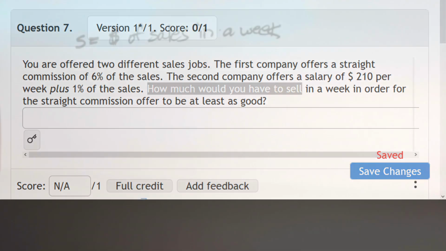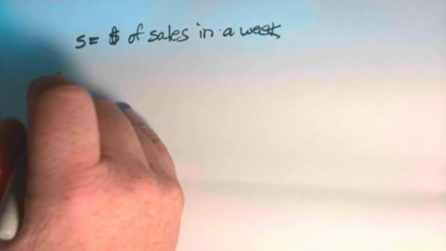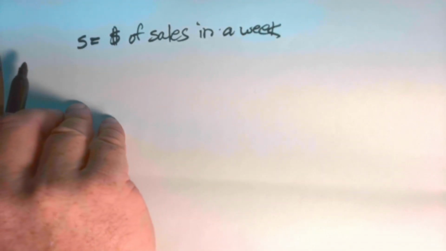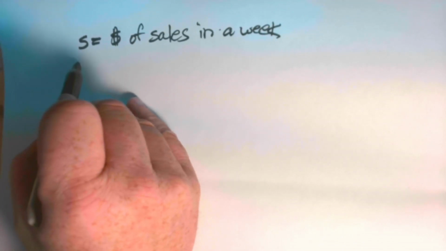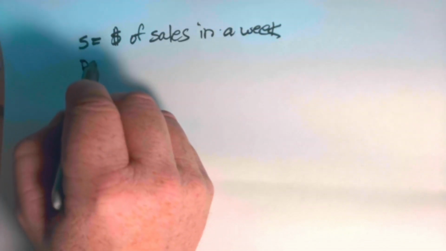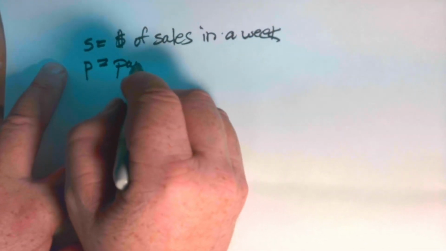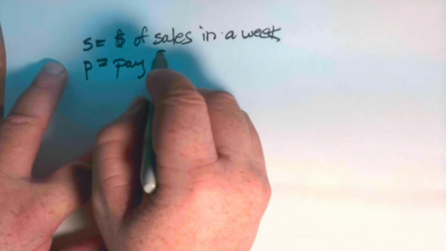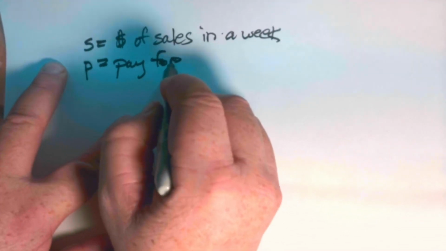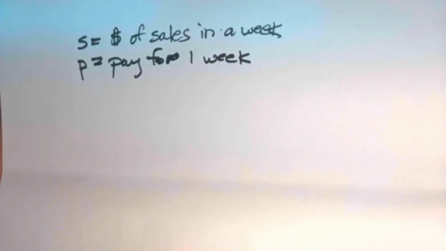So I have S that I'm using for the amount of sales, but I also need to know my salary. So rather than using S again, I'm going to use P, which represents my pay. So this is going to be my pay for 1 week.